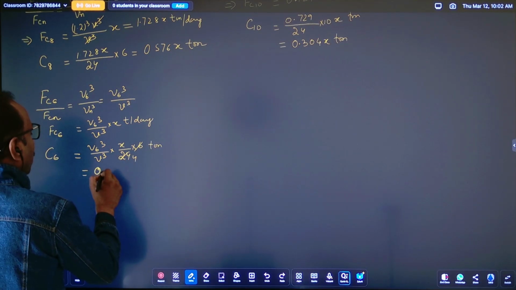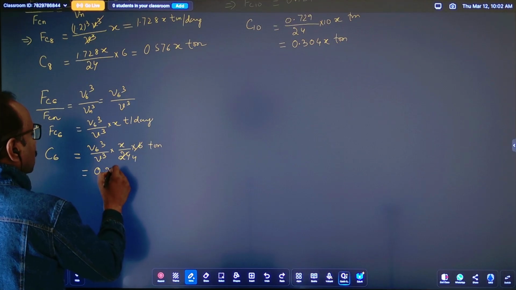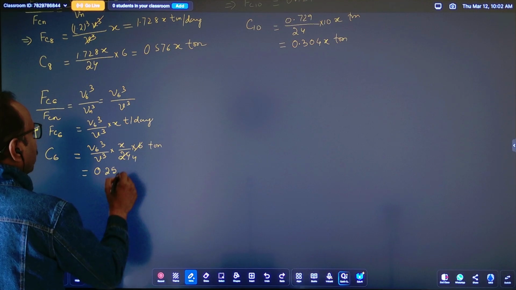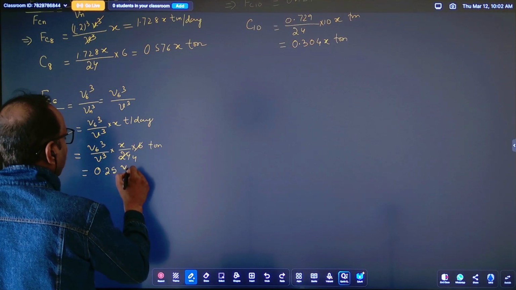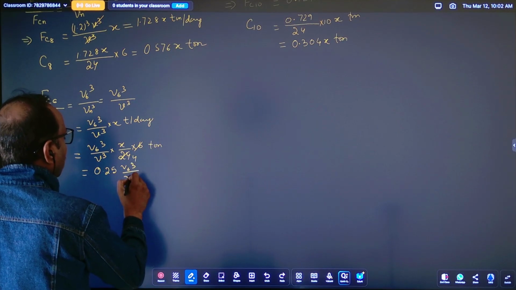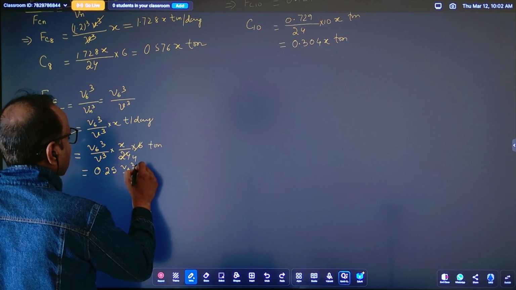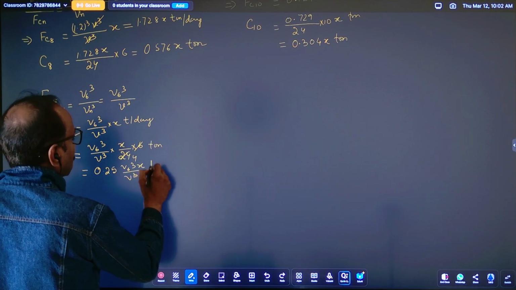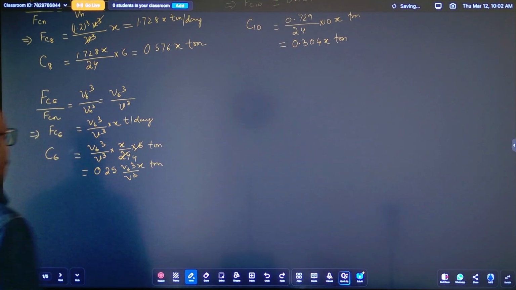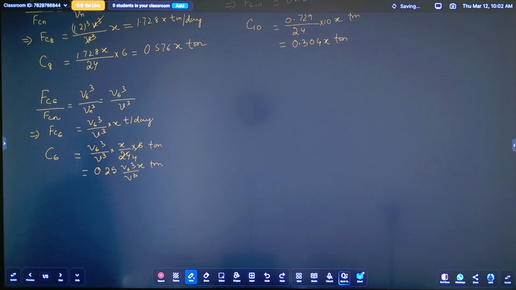So 0.25 V6 cube by V cube into X10. So C6 you got this much.